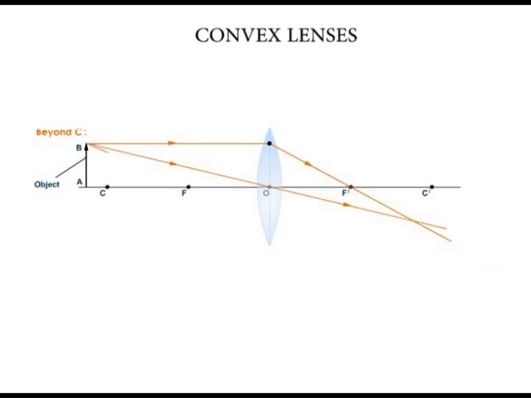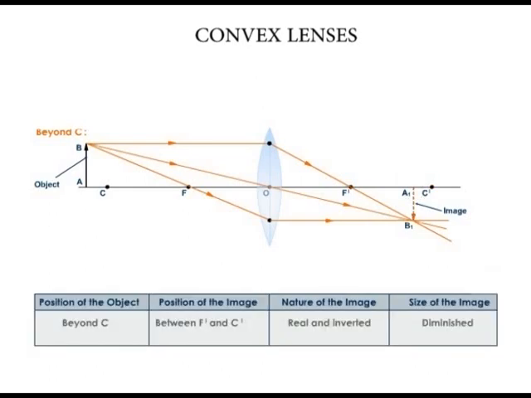Next, an incident ray through F emerges parallel to the principal axis. Now the refracted rays meet at a point between F and C. Thus, for an object placed beyond C of a convex lens, a real inverted and diminished image is formed between F and C on the other side of the lens.